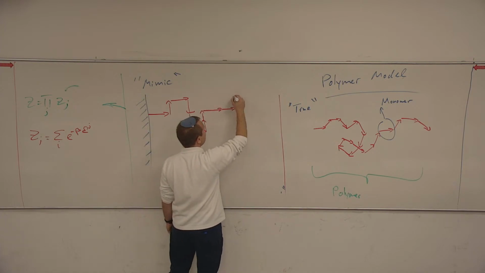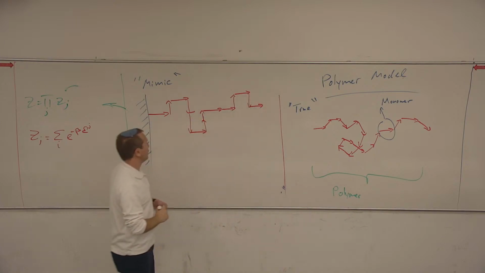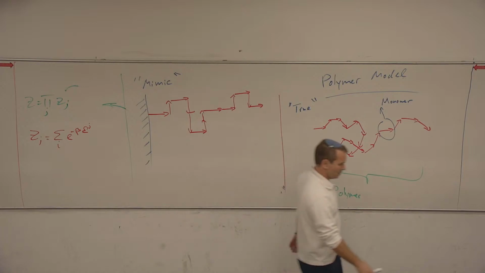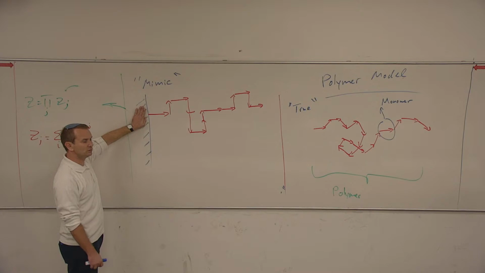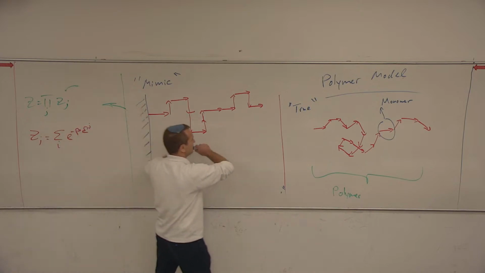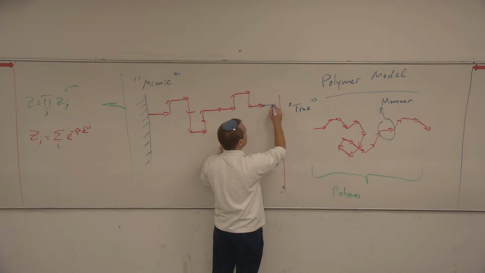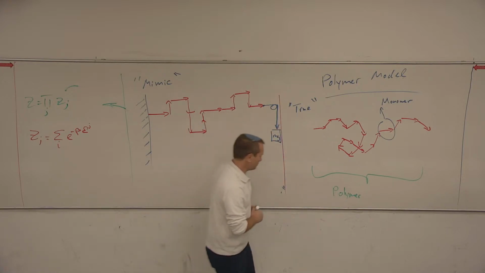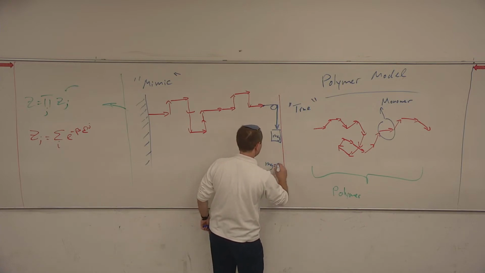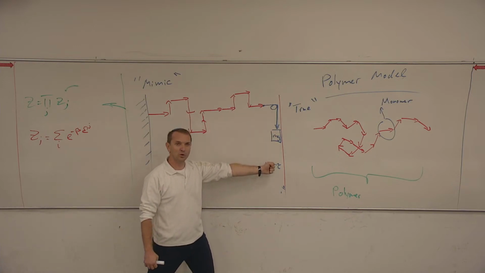They're all of the same length. The left-hand side monomer, this guy, is somehow connected to the wall. The right-hand side I pull by a string, and I put a mass of mg over here. So let's assume that mg equals some specific tau. This is the tension that I'm trying to pull this polymer downward.